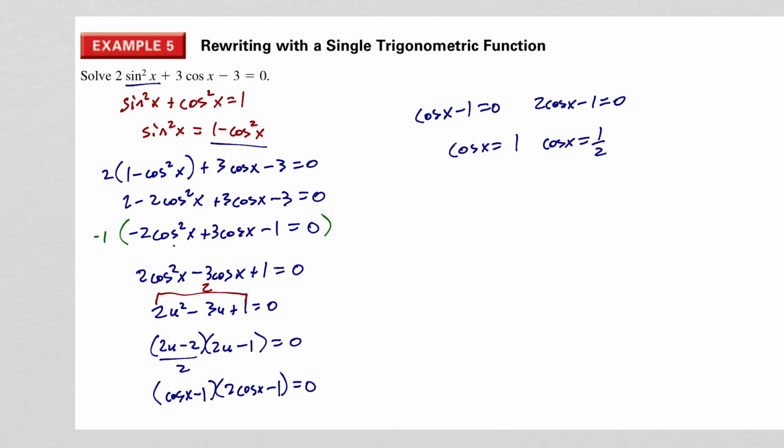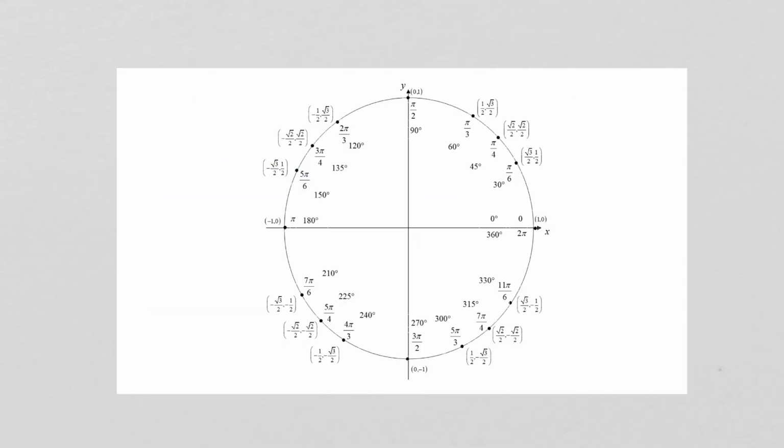Okay. Again, they're not giving us an interval to find this over, so they're not specifying a domain. So we're just going to find the general solutions. So one is cosine 1. Cosine is 1 only at 0 and 2 pi.